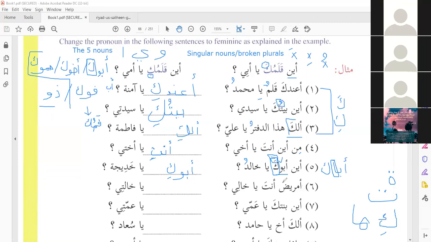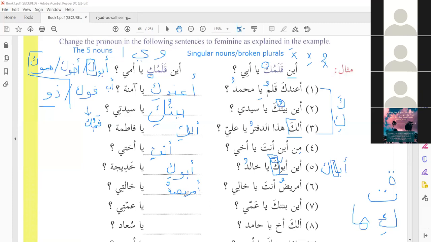I'm sorry, I should have read the example first. No worries. أمريض أنت يا خالي. أمريضة أنت يا خالتي. Fantastic. Do you want to translate that for us? Are you sick, oh uncle? Are you sick, oh aunt?